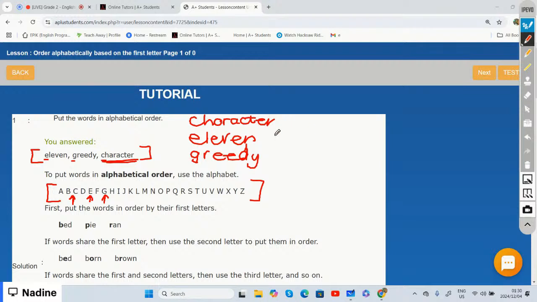So we have C for character, then we have E for eleven, and then we have G for greedy. Well done.